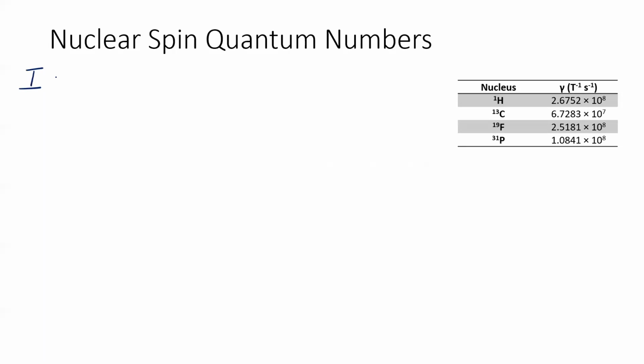And so I could be 0 if the number of protons is even and the number of neutrons is even.